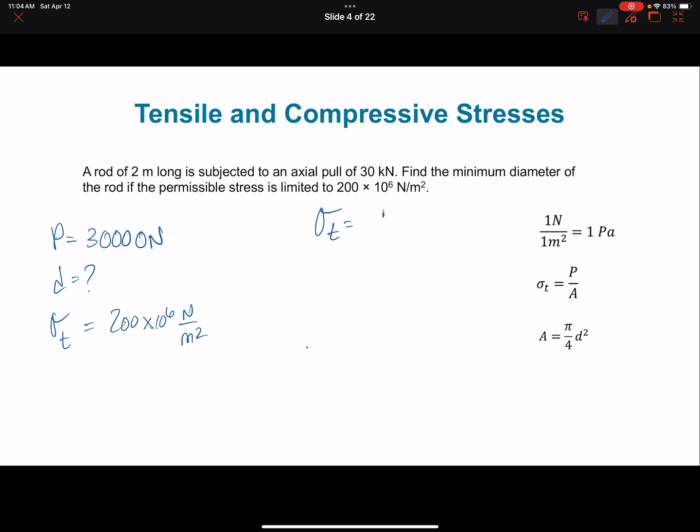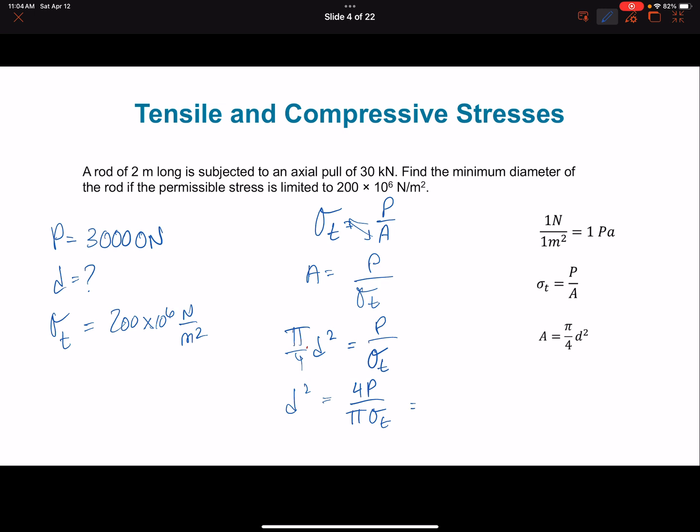Sigma T equals P over A. Cross multiply, right? We're just going to cross multiply those. A equals P over sigma T. A is pi over 4 D squared is equal to P over sigma T. So that means D squared equals 4P over pi times sigma T.